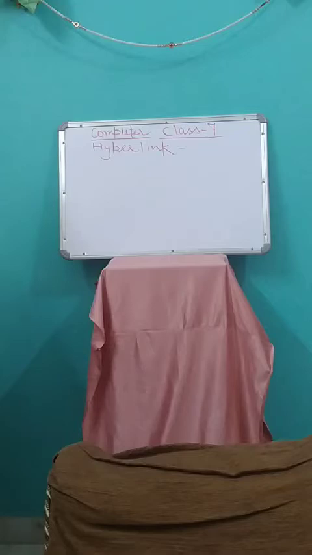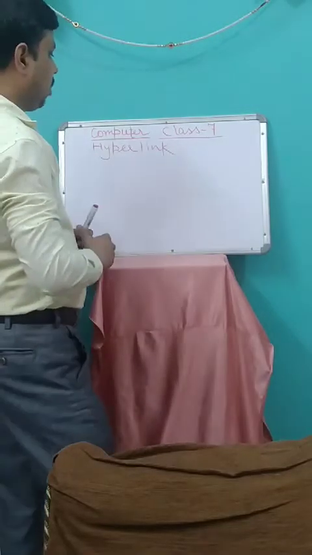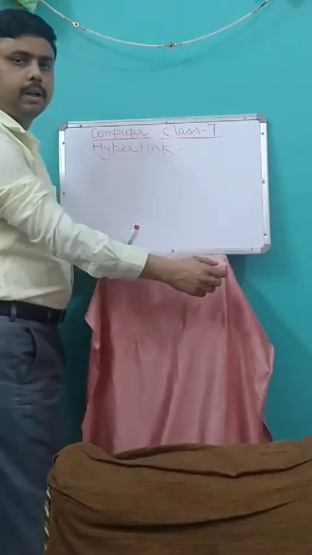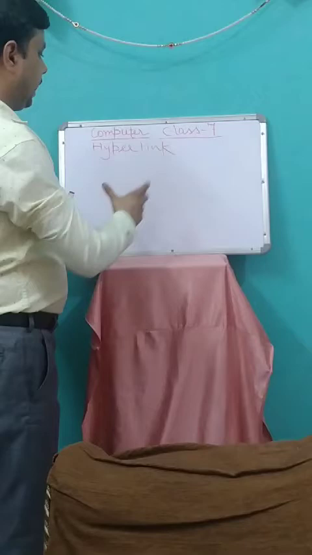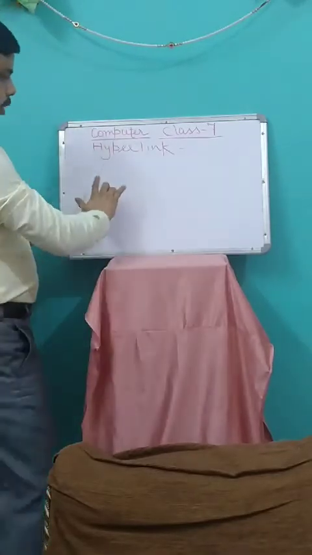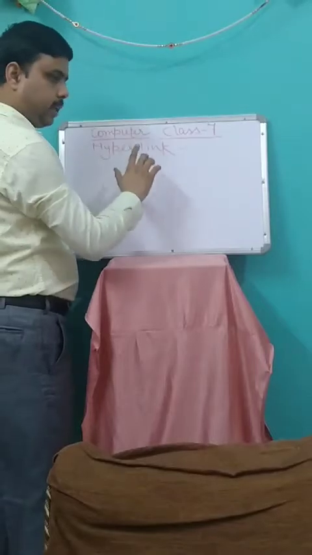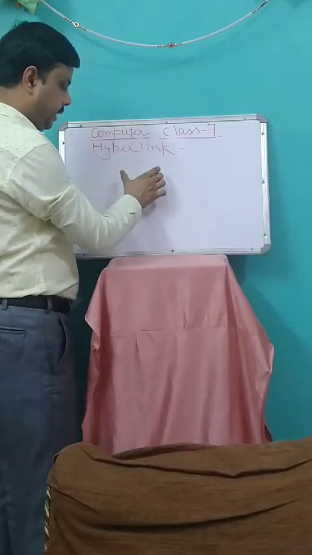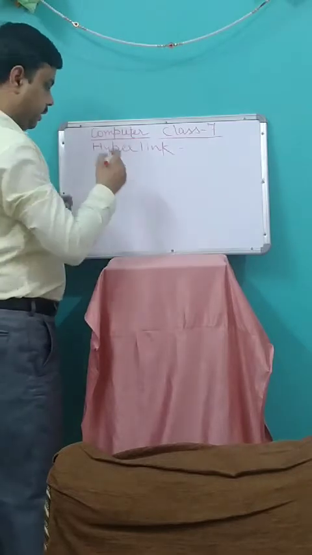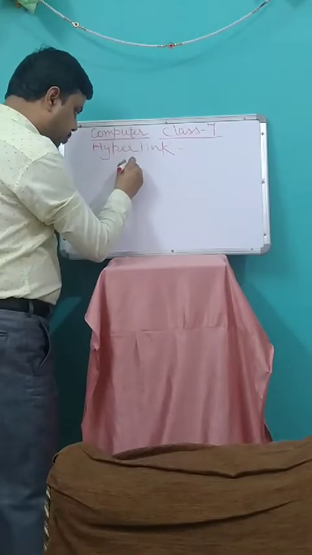Next thing, class, how can we use hyperlink? Next topic, how can we use hyperlink? Class, when we are moving our mouse pointer over any object or any text or any matter, this is mouse pointer symbol.